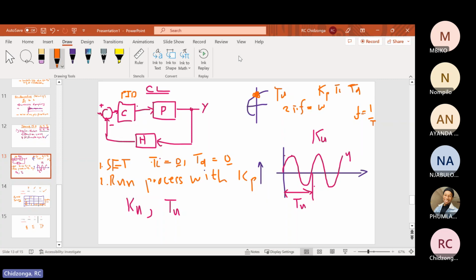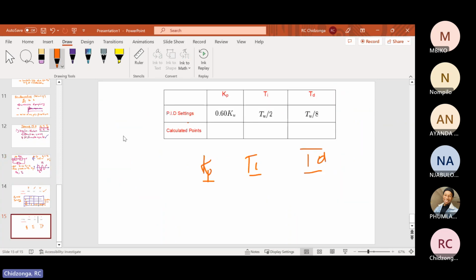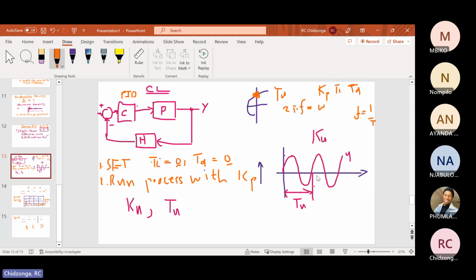When it's like that, you now need to measure that value of gain where the oscillations happened, and we are calling that value Ku. In the example I gave, let's say the value you measured was 10. And you need to measure the period of the sinusoidal output.